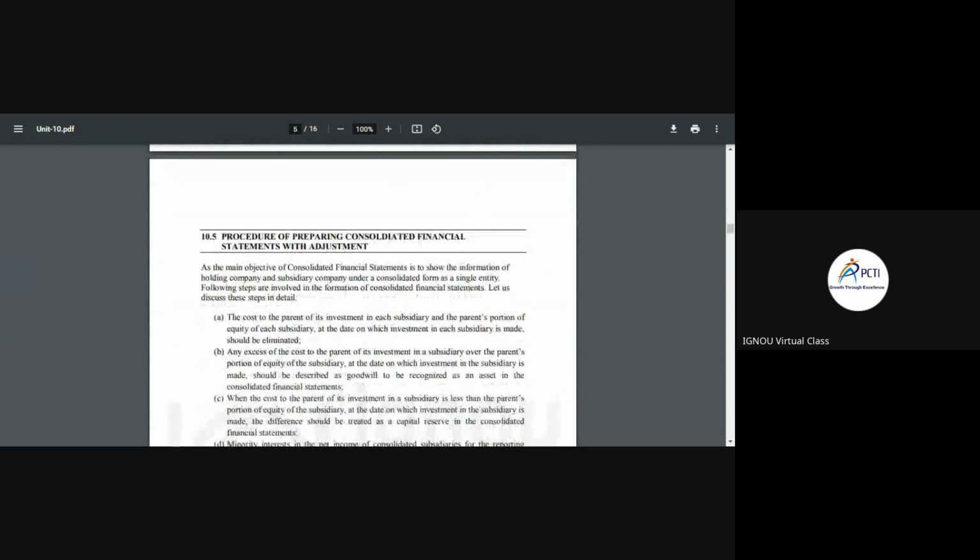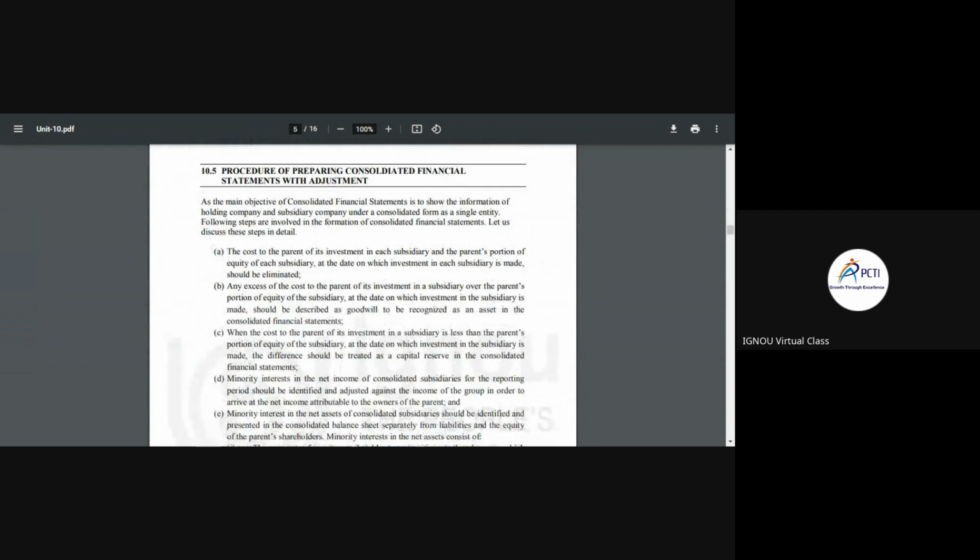Next one is, what is the procedure of preparing consolidated financial statements with adjustment? The main objective of consolidated financial statements is to show the information of the holding company and subsidiary company in a consolidated form as a single entity.